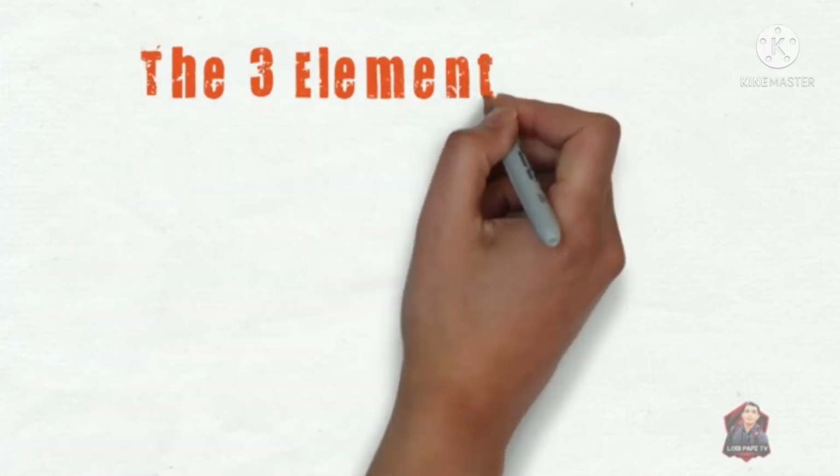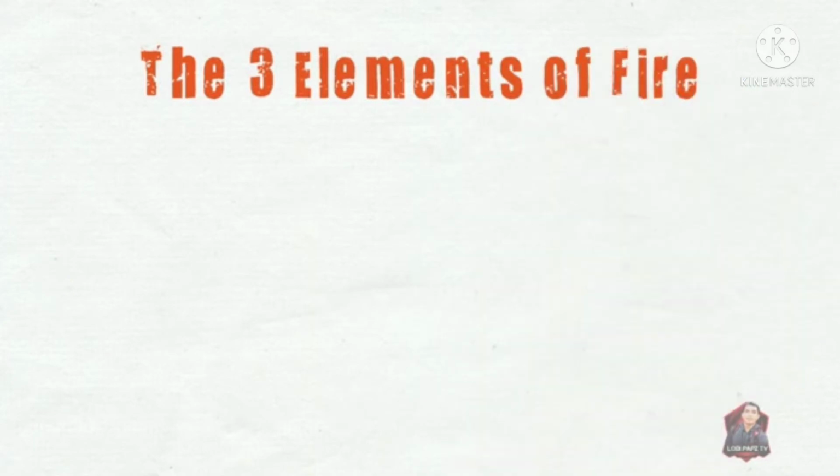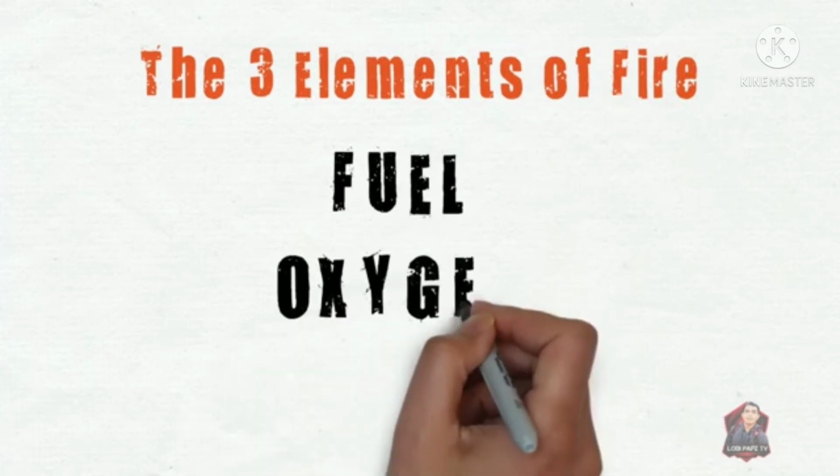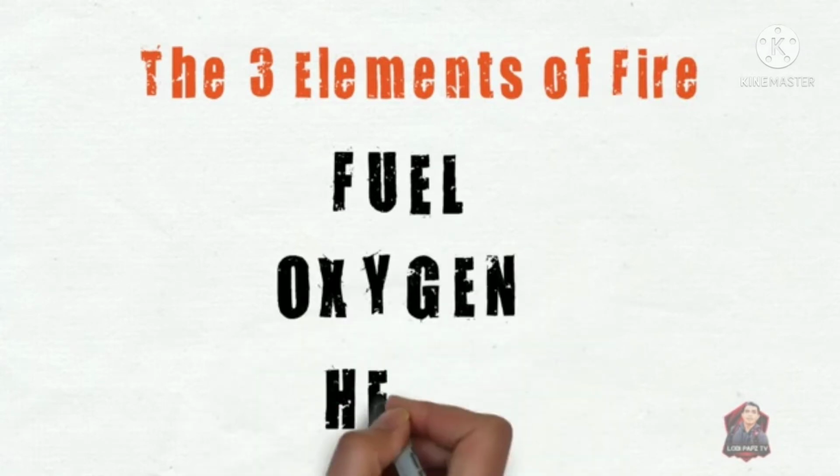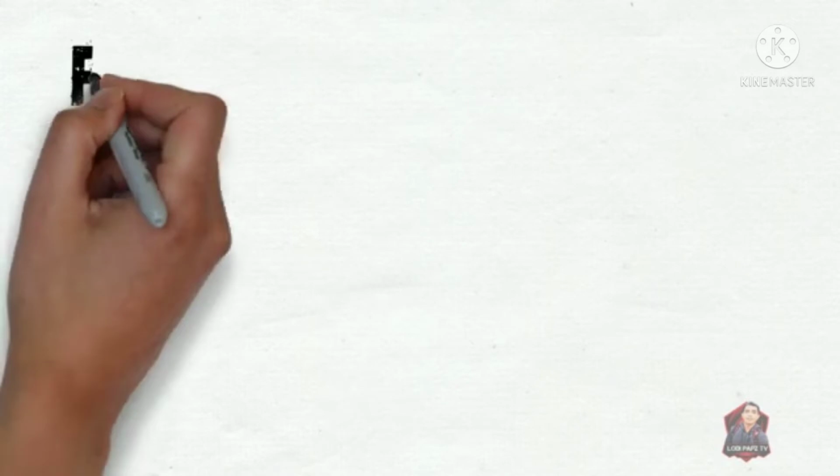We have three elements of fire: the fuel, oxygen, and heat. Fuel can be any combustible materials. This material can be in any state of matter, like solid, liquid, or gas.